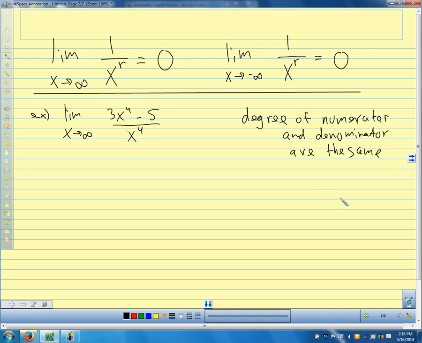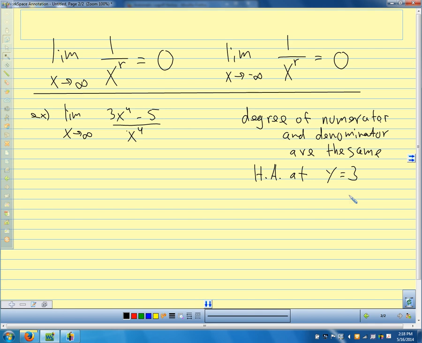So what does that tell us about our horizontal asymptote? I'm just going to write it as HA. So our horizontal asymptote is at y equals 3. That's the horizontal line y equals 3.